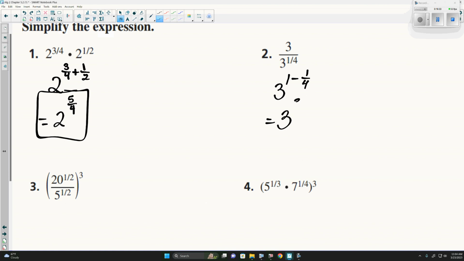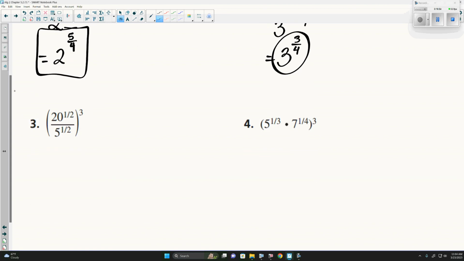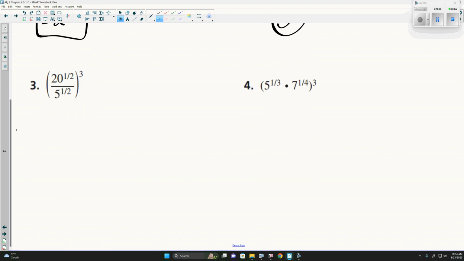So we get 3 to the 3/4. Since 3 is prime, there's nothing we can do with this here. That is simplified as it gets. Any questions on any of these here? Let's look at the next one.